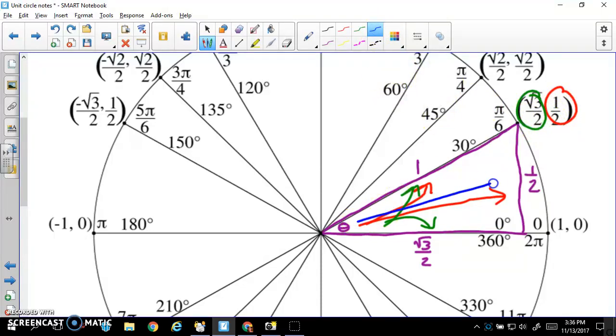Tangent is opposite over adjacent. So tangent is going to get you sine over cosine. Those are your big things to be able to remember, okay? So now that's your whole unit circle. On the next video, I'll show you how to use the unit circle.